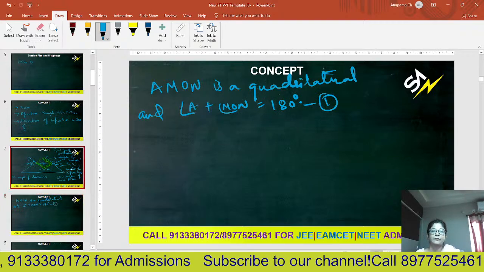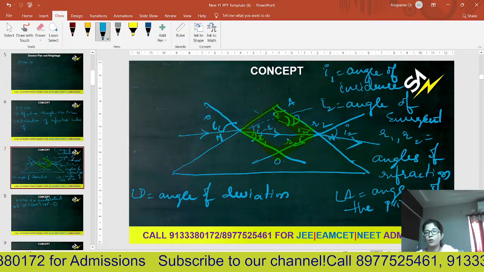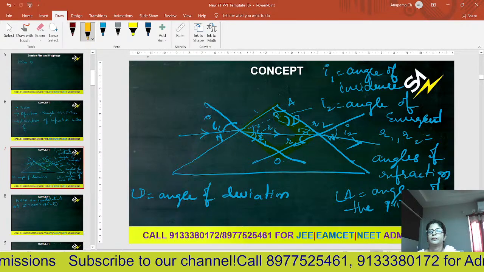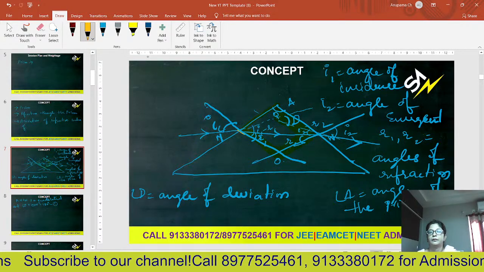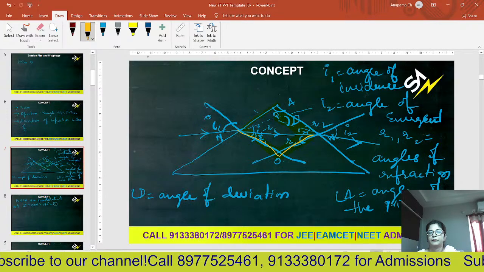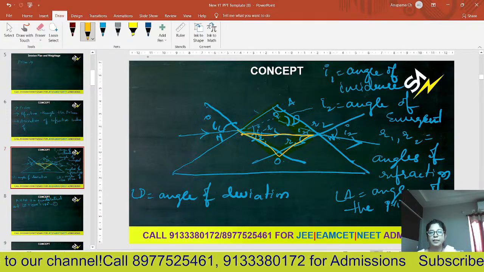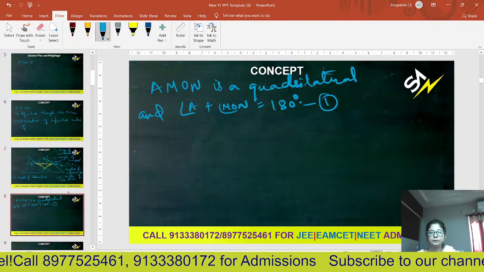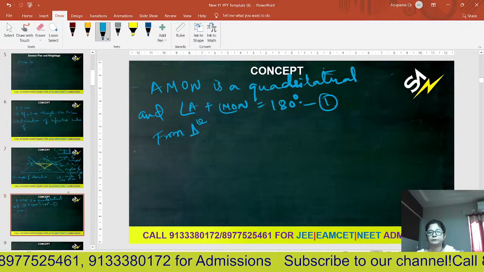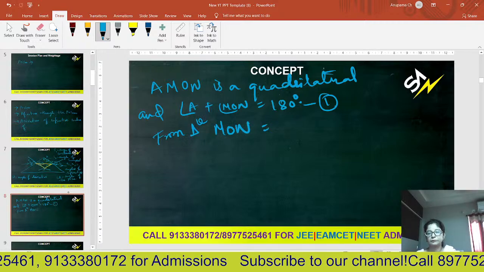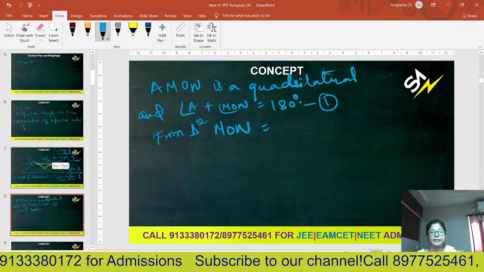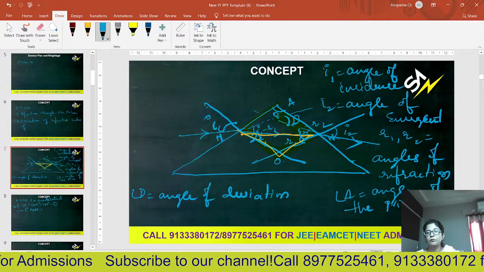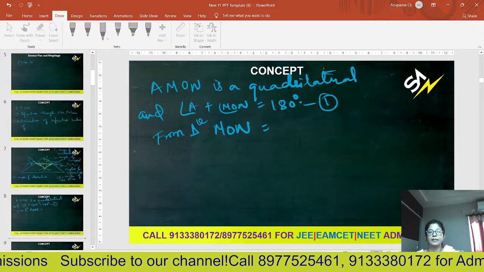Now, from the triangle MON, the sum of all the angles is equal to 180 degrees. That means R1, R2 and MON is equal to 180.